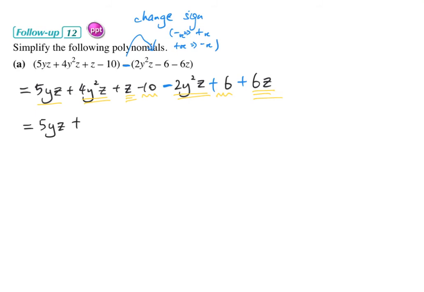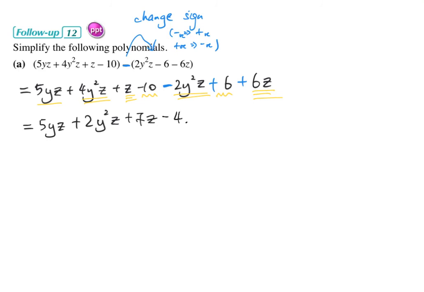So 4 minus 2, it is 2. And then plus z plus 6z, it becomes 7z. And the last one, minus 10 plus 6, it is minus 4.